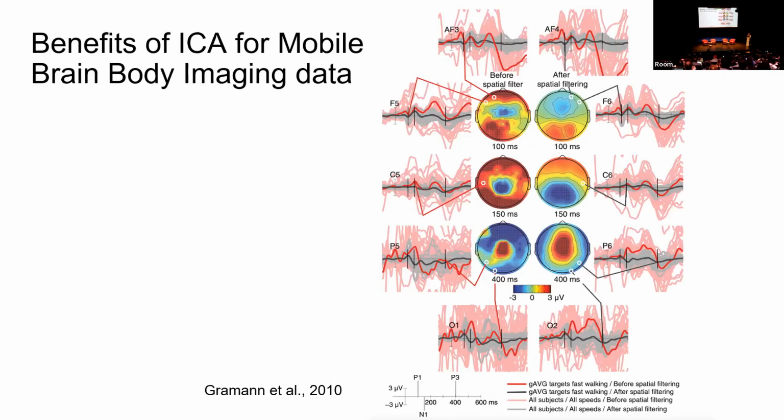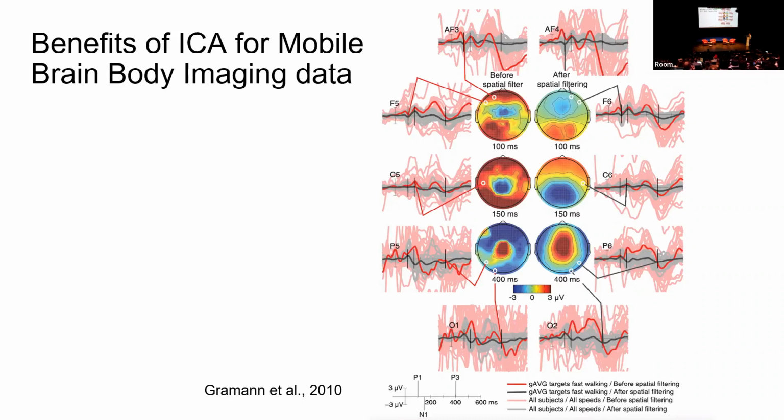This is an example where they were measuring visual evoked potentials during walking and running. And here you can see a really big difference before and after cleaning with ICA. The red lines are the ones before cleaning with ICA.